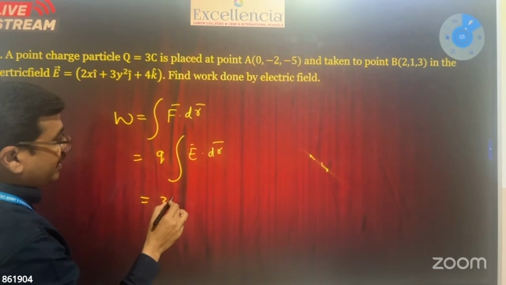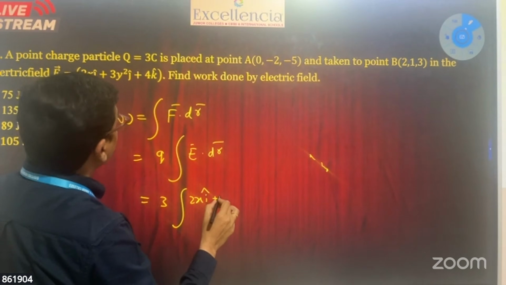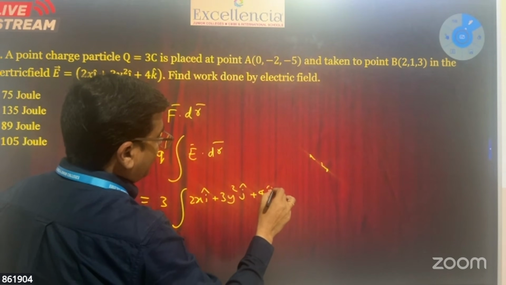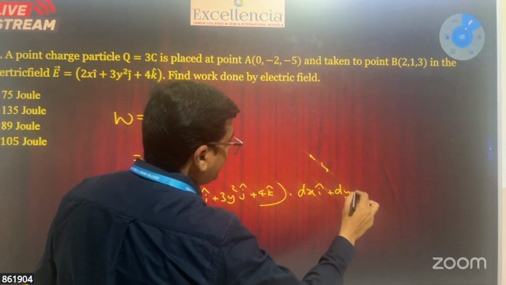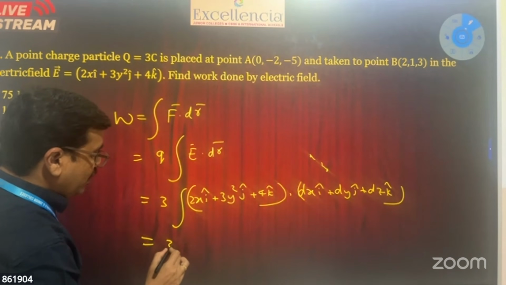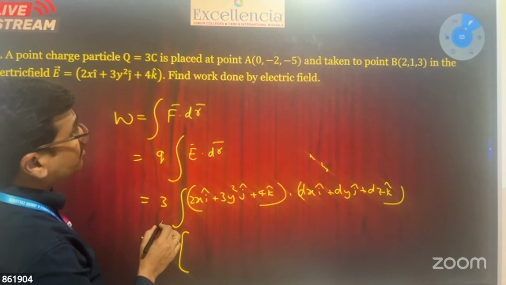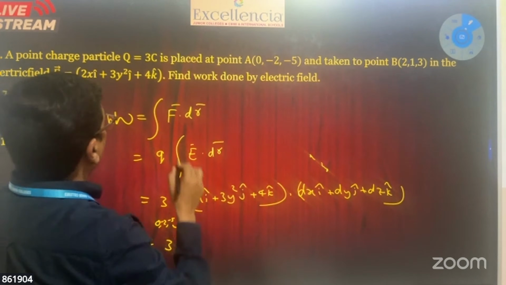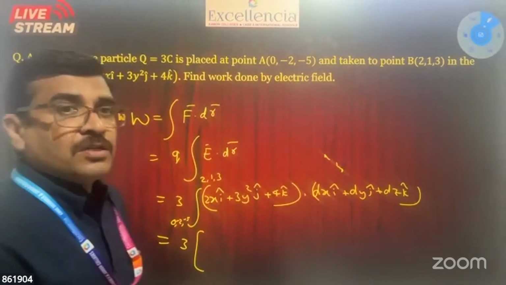So I'll take here 3 and the integration of E bar, we can write 2x i cap plus 3y square j cap plus 4 k cap, dot dx i cap plus dy j cap plus dz k cap. Then 3 into the integration of only this part, and the limits I am taking are from point A (0, -2, -5) to the other limit (2, 1, 3). Okay, so this is what we have.